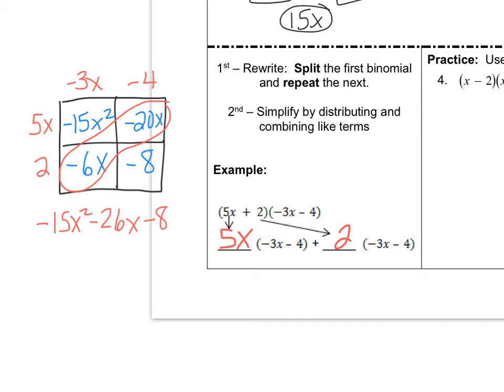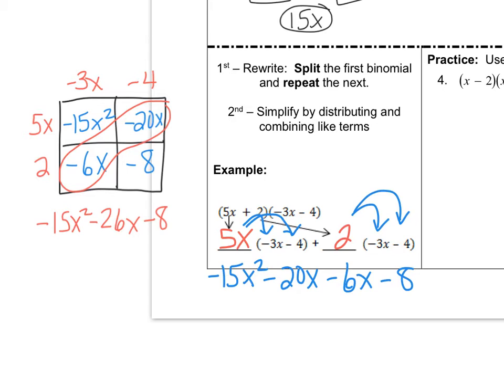So it goes the same from there. 5x times negative 3x and 5x times negative 4. So negative 15x squared minus 20x. And then I got 2 times negative 3x and 2 times negative 4. So minus 6x minus 8.